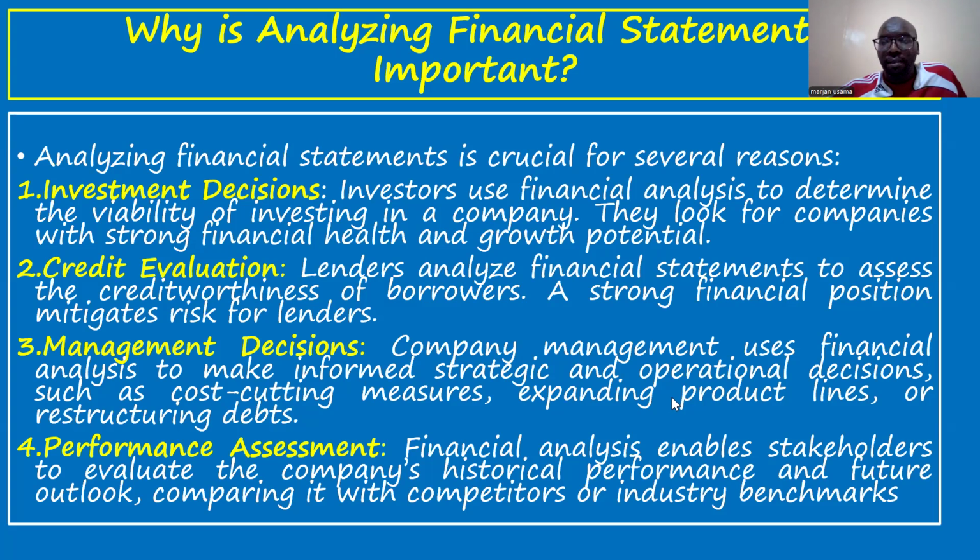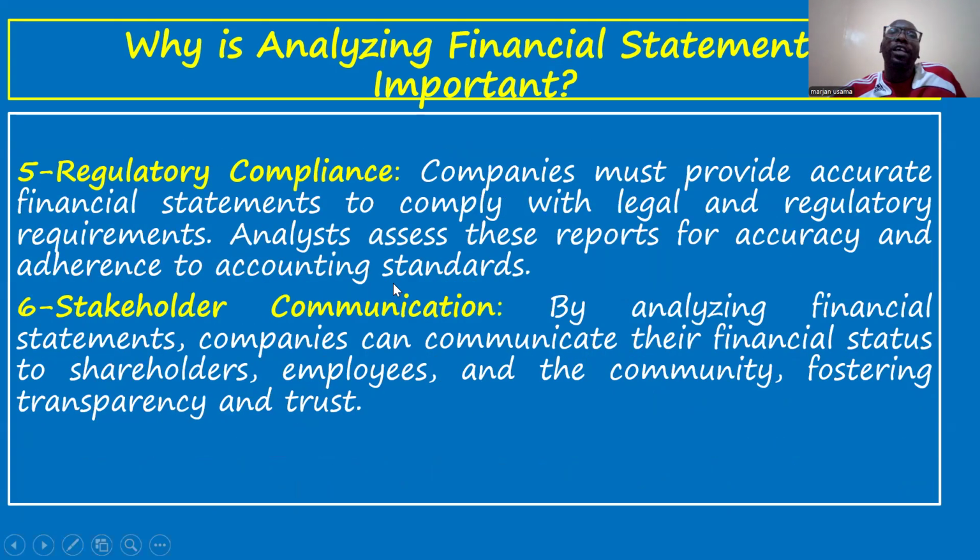Then we have regulatory compliance. So companies must provide accurate financial statements to comply with legal requirements. As we saw, it's a requirement by government for businesses to always present accurate, verifiable financial statements. Stakeholder communication.